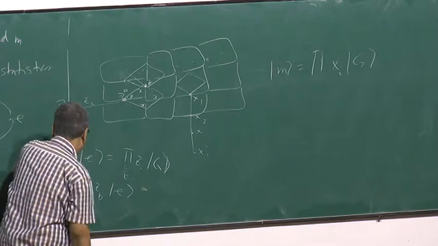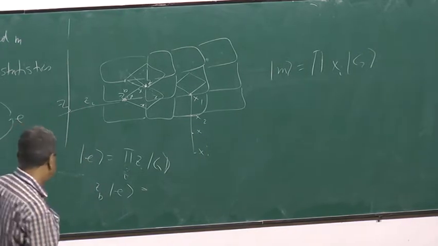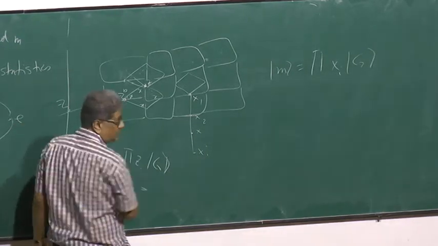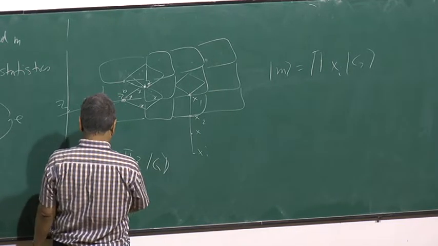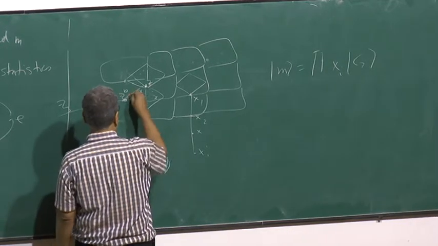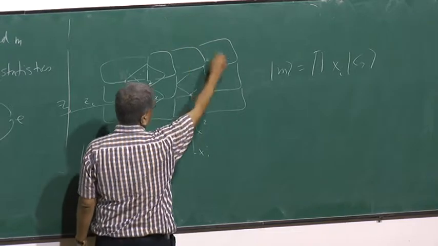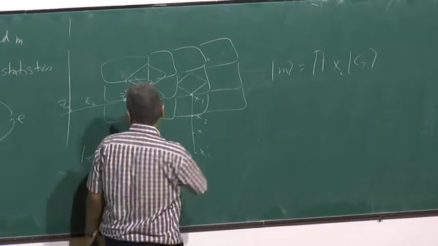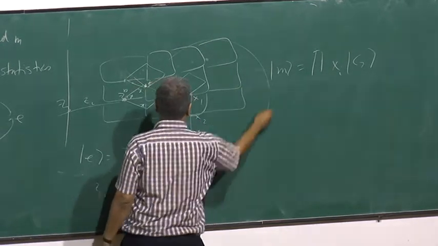Oh, ZB is enough, you are right. So this operator moves the electric charge from here to here. Then you can keep moving it like this, and you can form a closed loop like that.